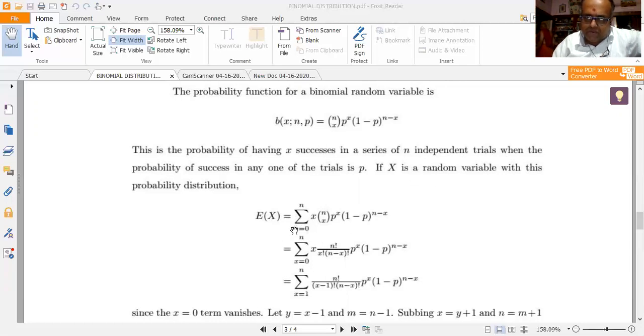Now I am going to take the expected value of this random variable. So E of x, since it is a discrete random variable, I have to use the summation. E of x is simply given by the summation, x equal to 0 to n, of x into P_X of x. Let me write that down.